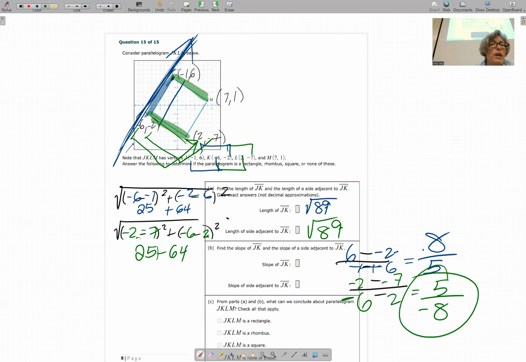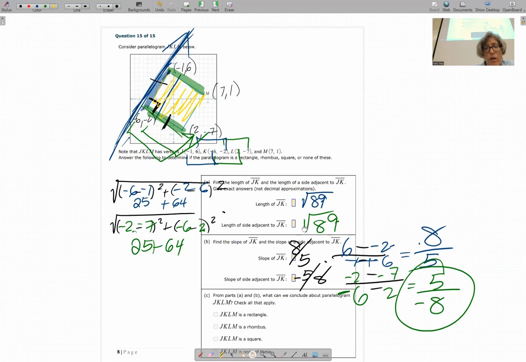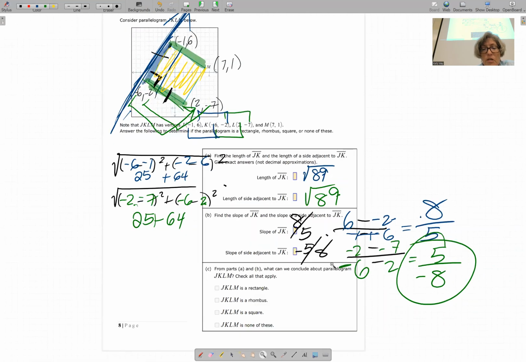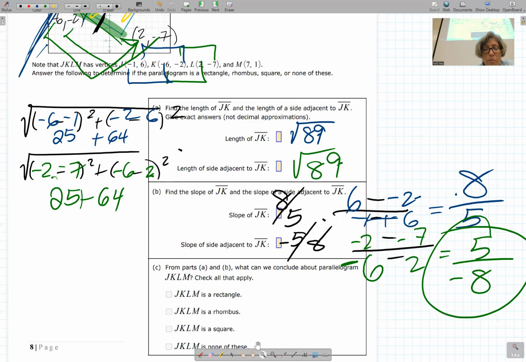So we have here 8 over 5 and -5 over 8, which means they multiply to a right angle. And then earlier we found that they are equal distance. So that is going to make this whole thing a square. How do I know it's square? Because it says it's already a parallelogram.